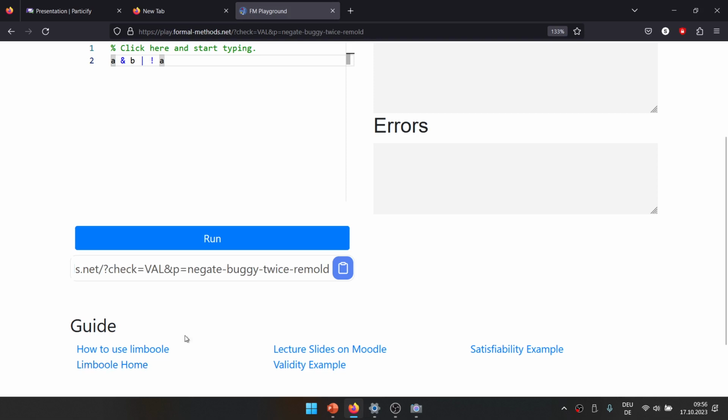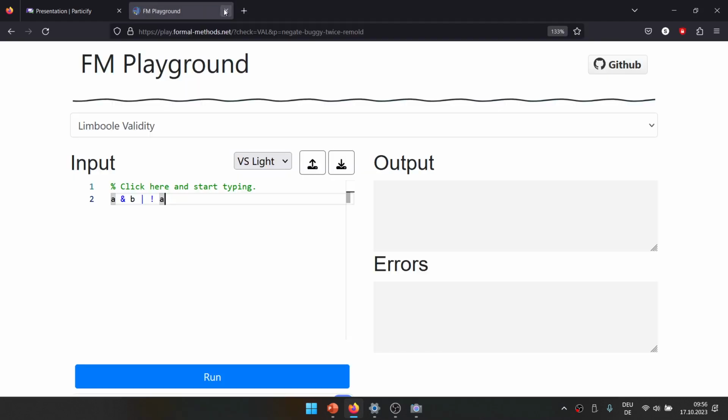That's the permalink to look up the formula that you wrote. But now you can use this tool. It's play.formal-methods.net, and then probably the satisfiability is the default one.